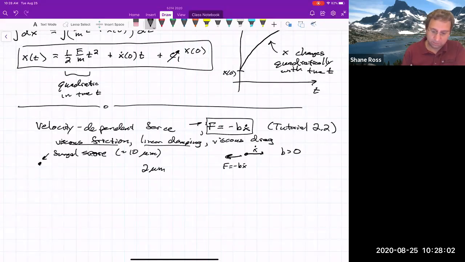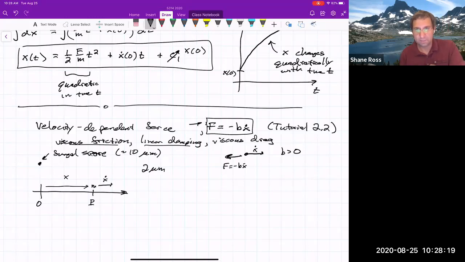So let me do the same kind of setup of a diagram. We've got our origin, got our particle P, which is a mass. And here's x. Suppose the x velocity, so x dot, is going to the right, then the force will resist because it's equal to negative b x dot with b positive.